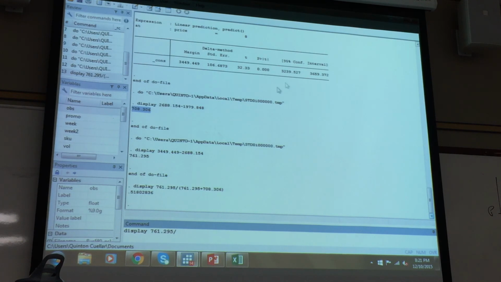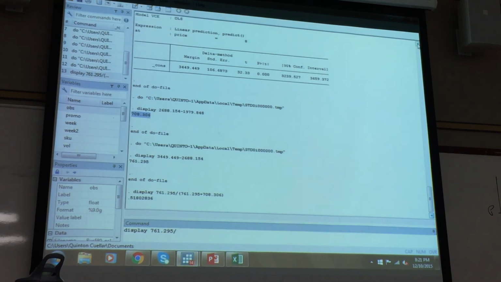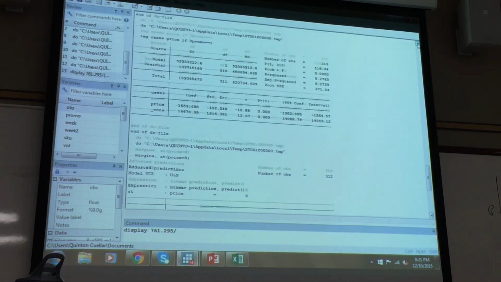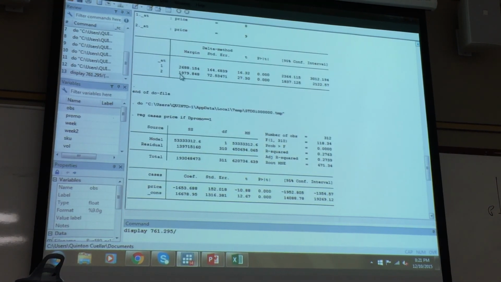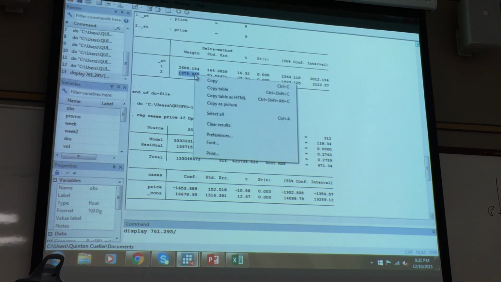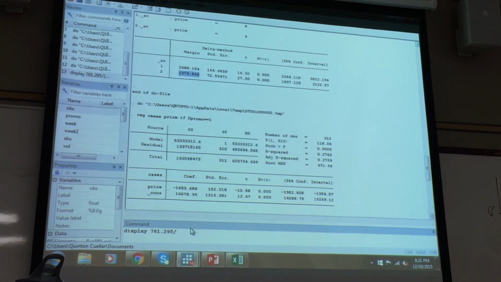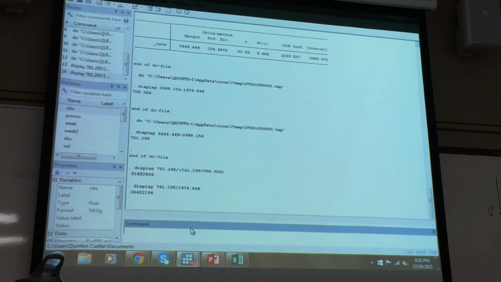Oh, I know, it's in the margins. What is that? Second price was higher. So that's the non-promoted sales at the non-promoted price. Which was our 38%.